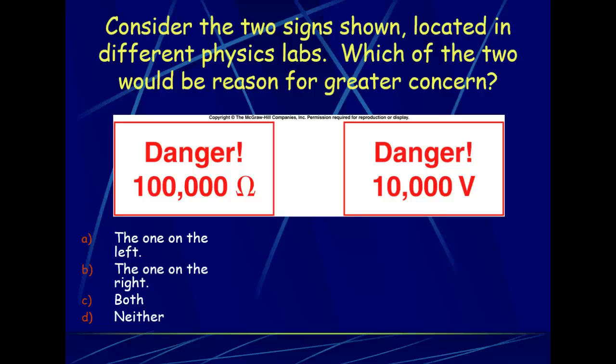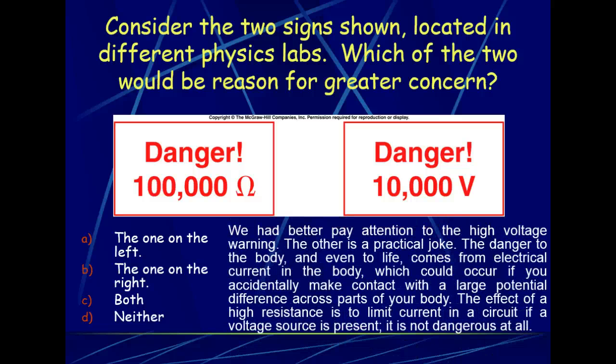They don't have to be necessarily connected to power. The 10,000 volt one should seriously concern us because that has the potential for serious bodily harm. So the one with the ohms, that's more of a joke. It's kind of a practical joke. The other one is a serious warning sign.